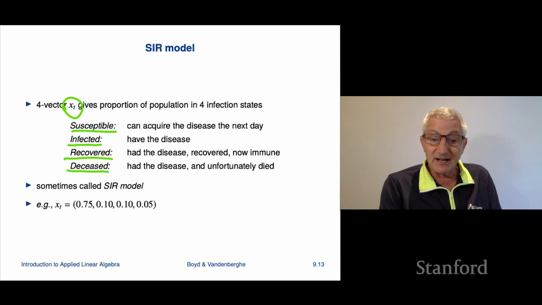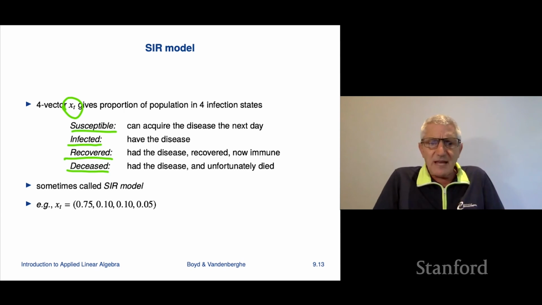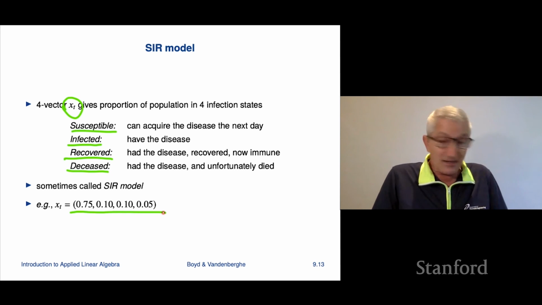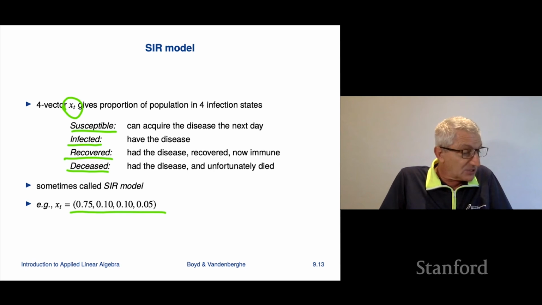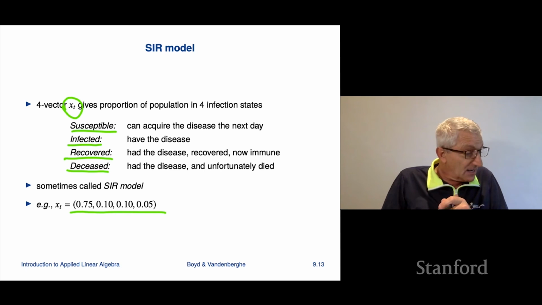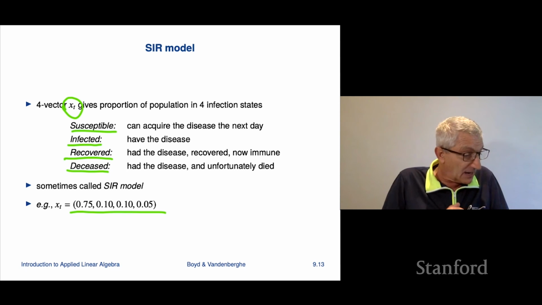This is called the SIR model. There are many other models, much more sophisticated, and so on. So for example, if I told you that x_t was that vector, we would say that in that population, 75% of the population is susceptible, meaning they could catch the disease. 10% actively have the disease at time period t.